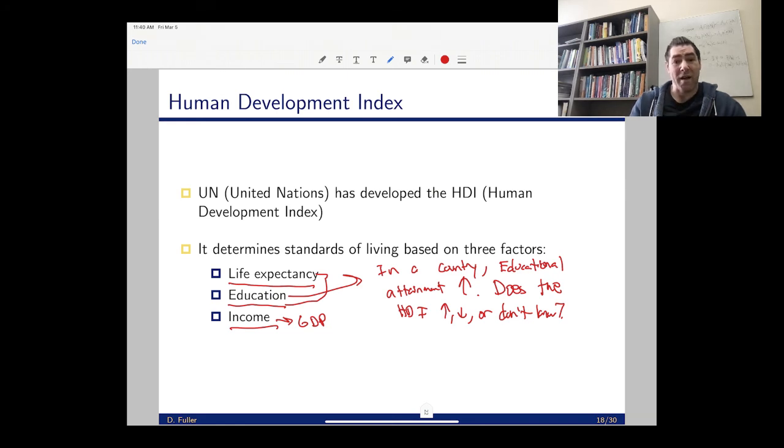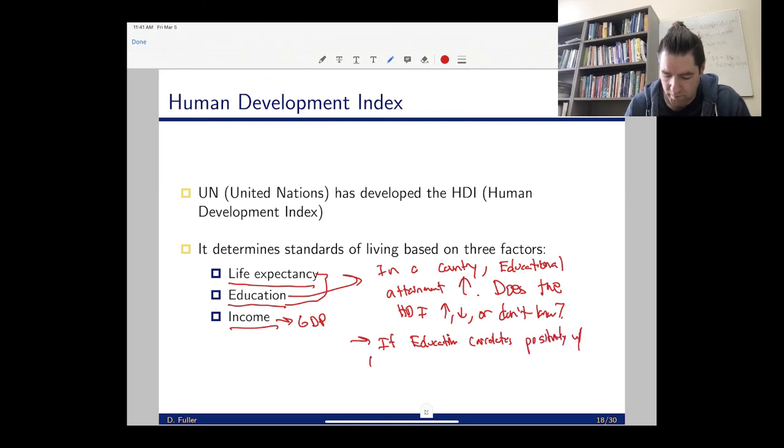I think the better answer depends on what happens to the other stuff, right? So if education correlates positively with, say, GDP and life expectancy, then I know that the Human Development Index is going to go up. So if education correlates positively with life expectancy and GDP, yes, the Human Development Index goes up.